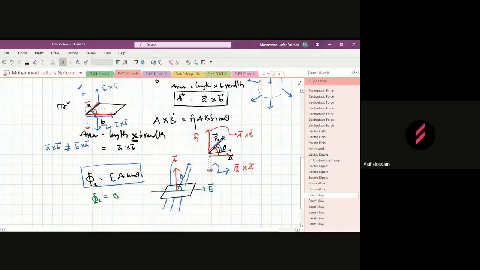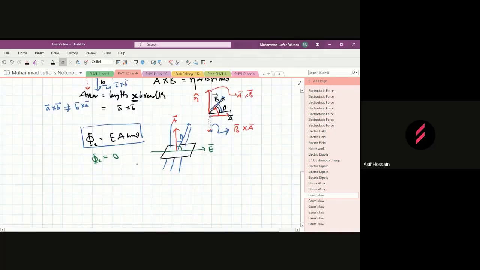So, sir, the direction of the area would be perpendicular to the plane? Yes, it will always be perpendicular to the plane. So, say if I consider a spherical shell, in that case I will take an infinitesimal area.